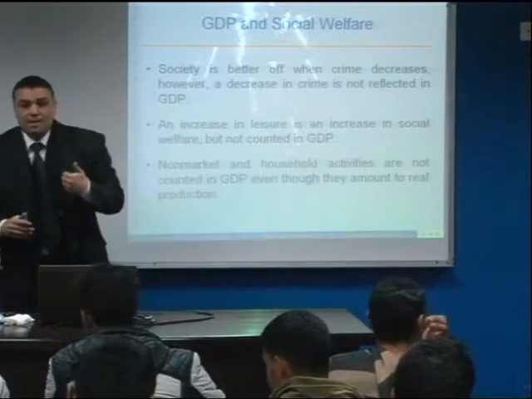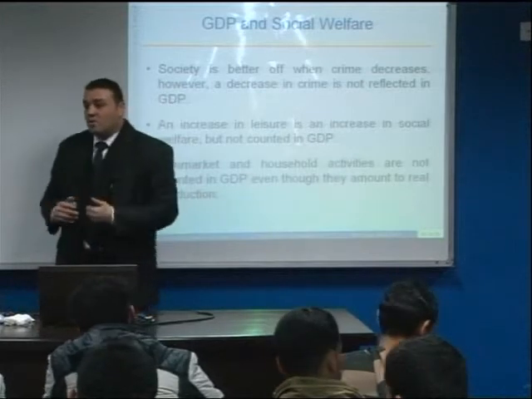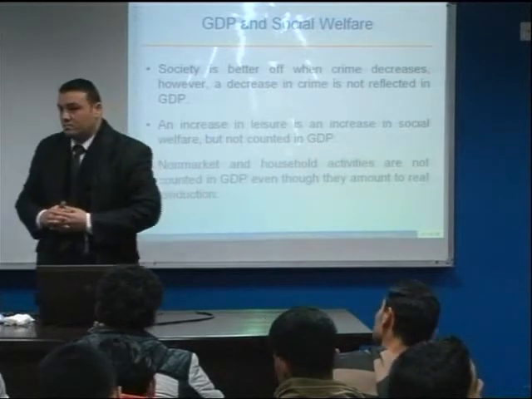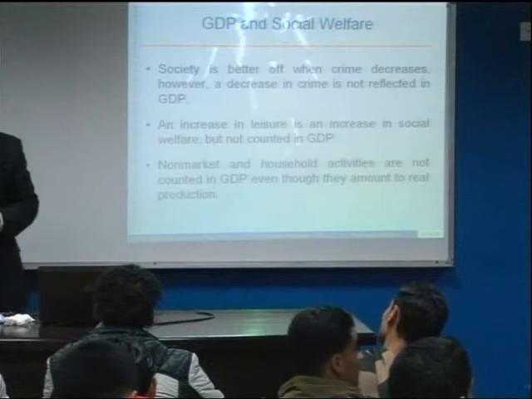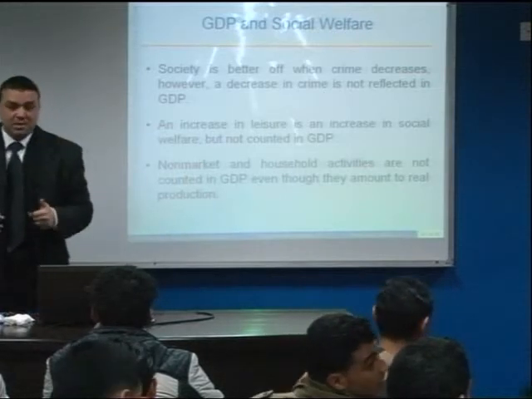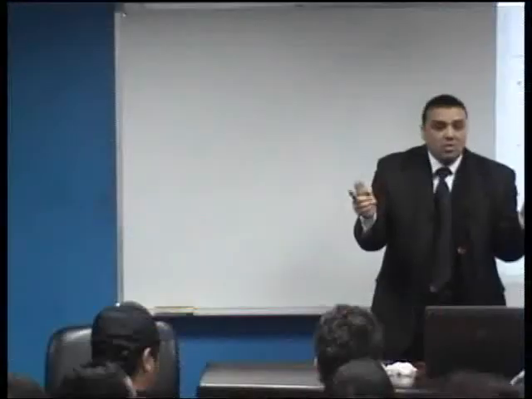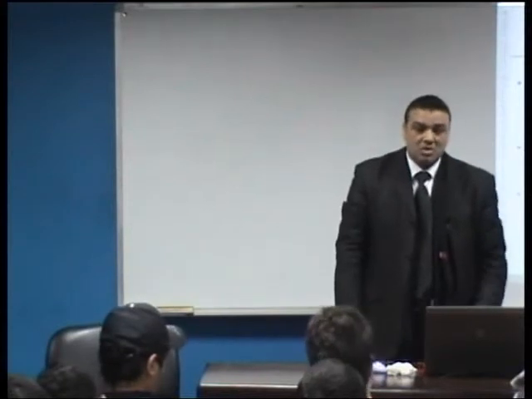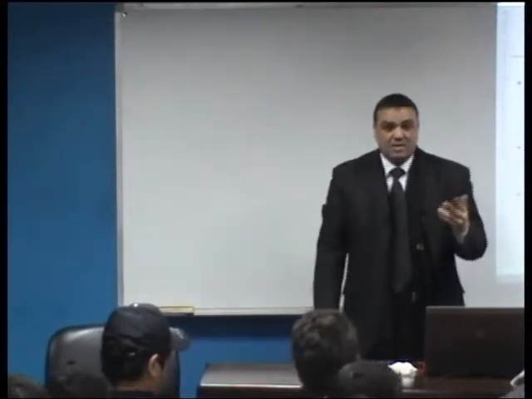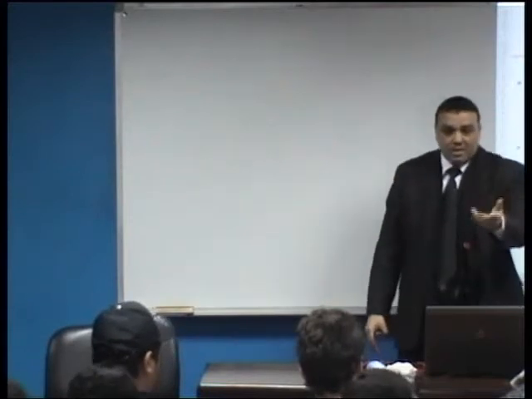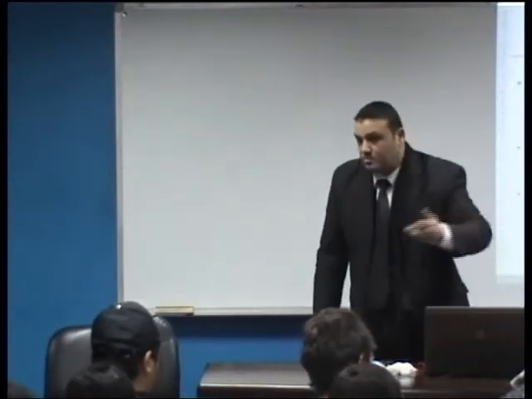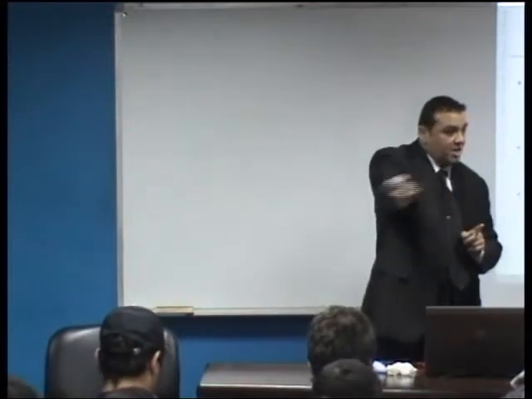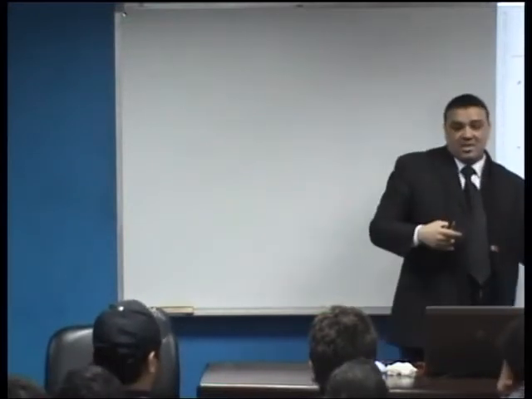What else? The activities implemented by your mother at home are part of production, but they are not reflected in the GDP. So different kinds of activities are not reflected in the GDP, and that is a problem. If your mother provides different services at home to her children, all of these services are not reflected in the GDP.